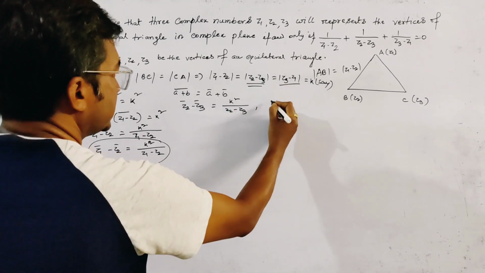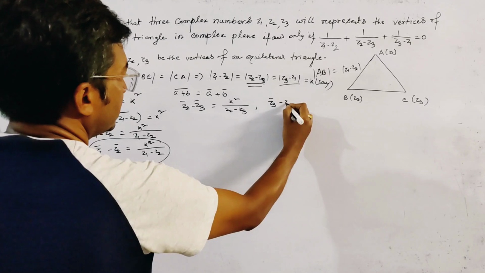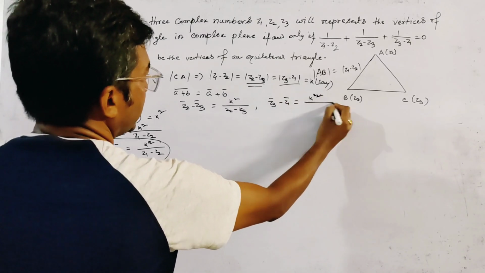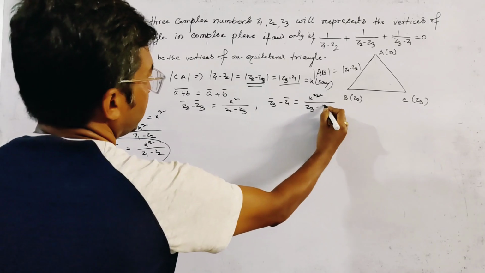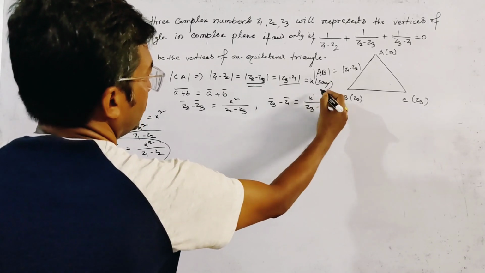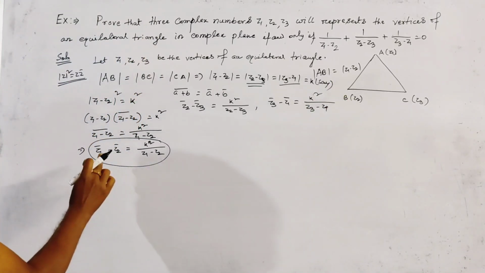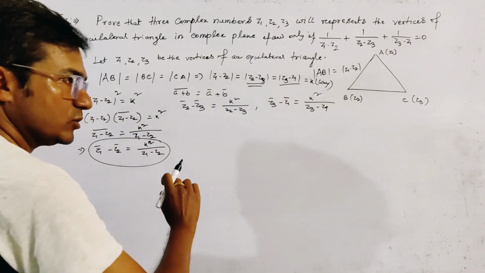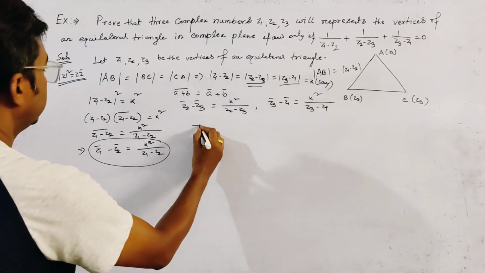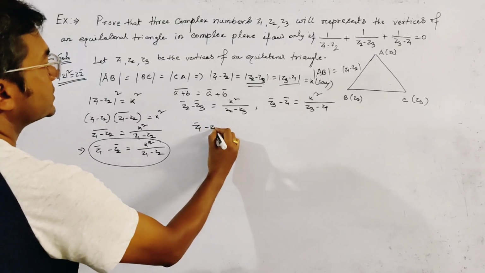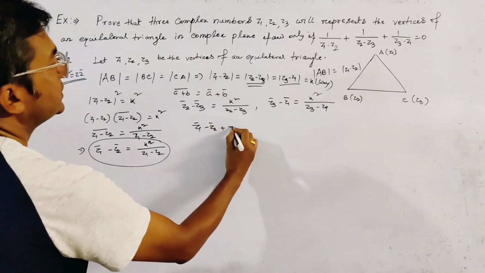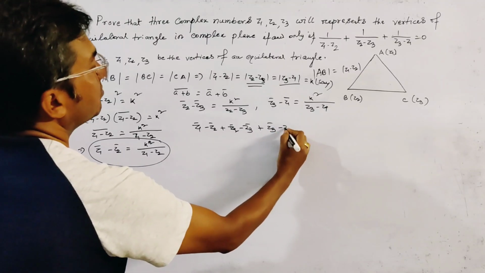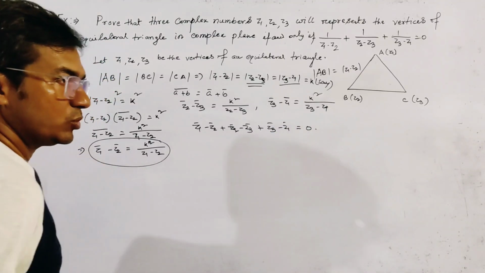And from the third, Z3 bar minus Z1 bar is equal to K square by Z3 minus Z1. Now we add all three results: Z1 bar minus Z2 bar plus Z2 bar minus Z3 bar plus Z3 bar minus Z1 bar is equal to 0.